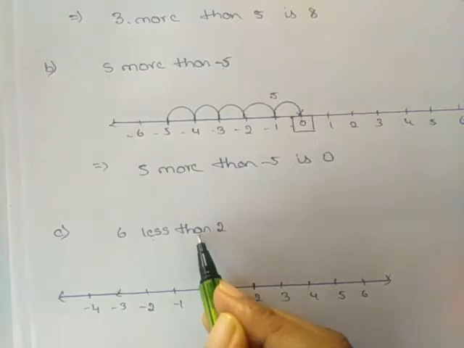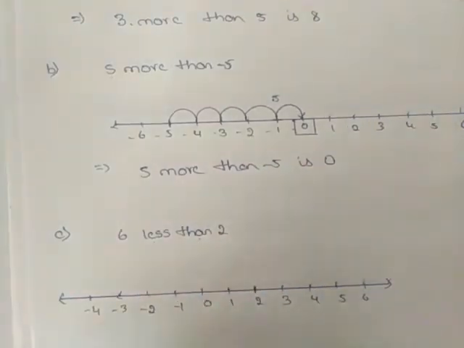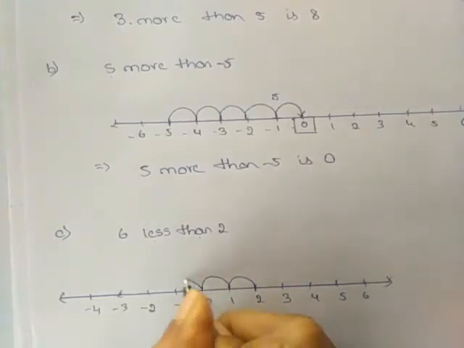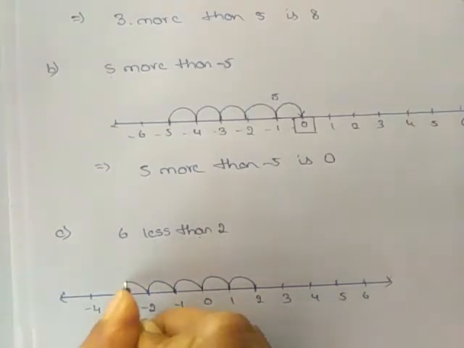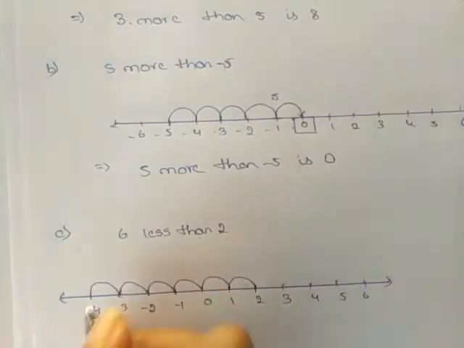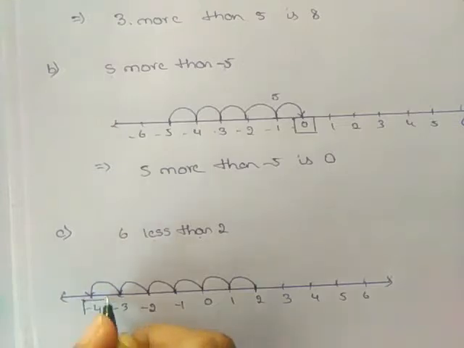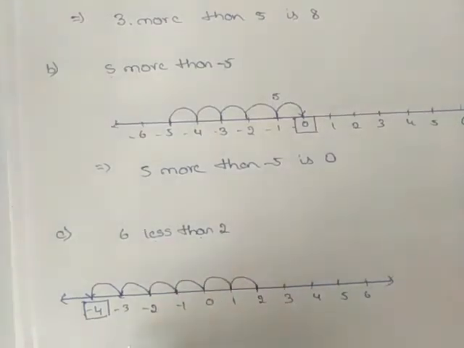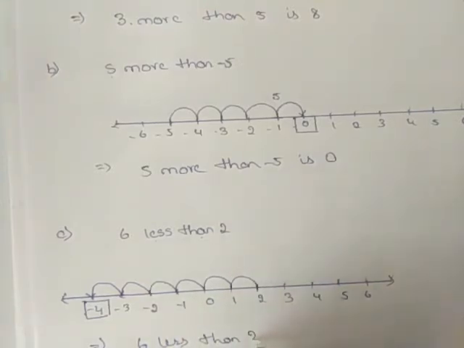Because it is less than, so we need to come 6 steps back. 1 2 3 4 5 6, right? Here I came back 6 steps. Now I am pointing towards minus 4. So we'll write the solution as 6 less than 2 is minus 4, right?